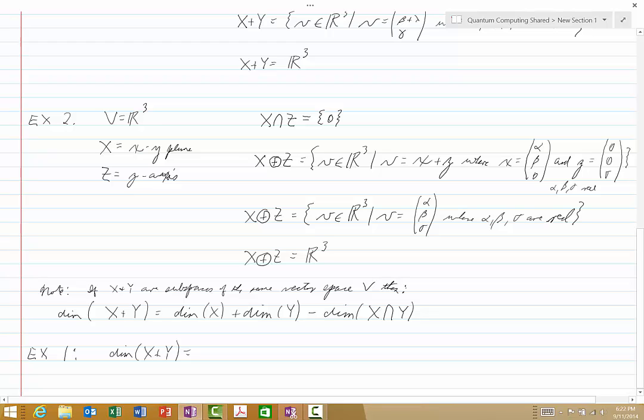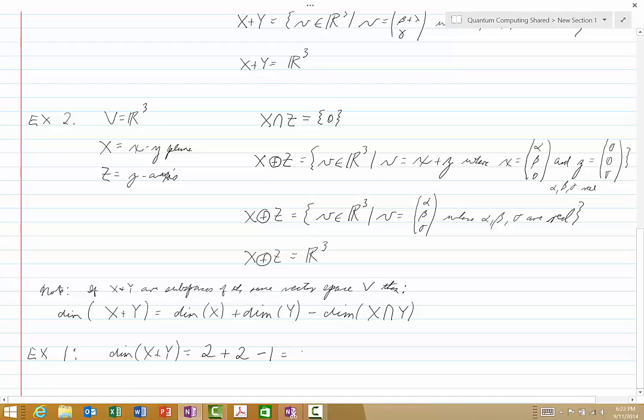Okay. And so in our first example, recall X was the xy plane, so its dimension is 2. Y was the yz plane, so its dimension was 2. The intersection of X and Y was the y-axis, which has a dimension of 1.